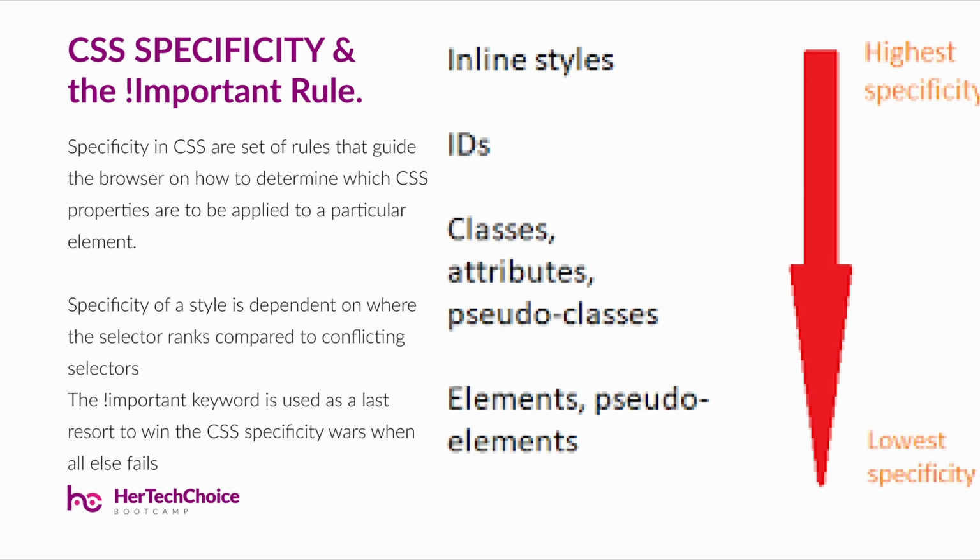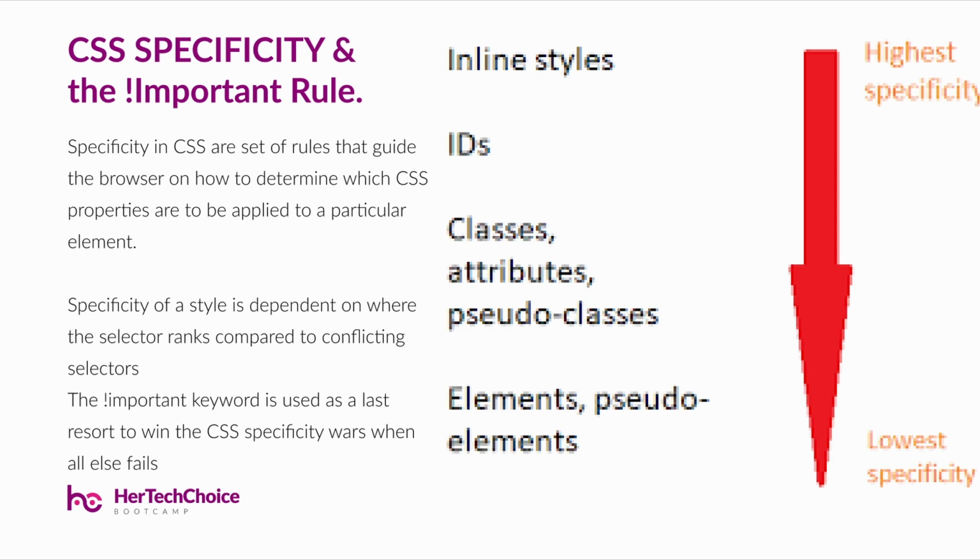Now, the specificity of a style is dependent on where the selector ranks compared to its conflicting selectors. Based on this hierarchy, the inline styling is the strongest, as we can see on the chart that we have on our screens. Inline styles are the strongest, followed by ID selectors.